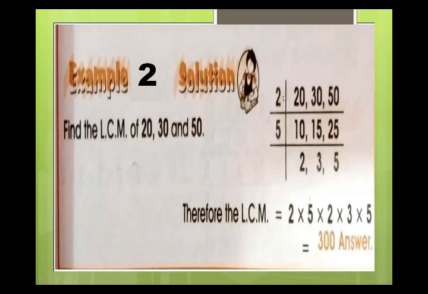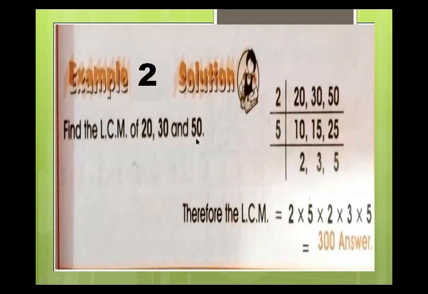We list out the divisors and the remainders, and all these numbers we take as factors: 5, 2, 3 and 5. If we have to find the LCM, you multiply all these numbers, and the product is called the LCM of 20, 30 and 50.